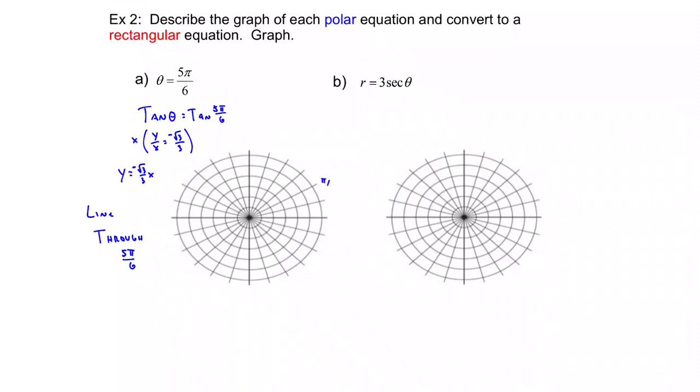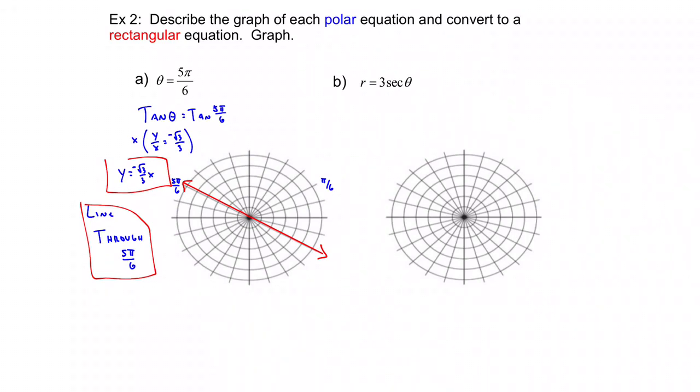Remember, here's pi over 6, so this would be 5 pi over 6, so we're just going to draw a line going through that angle. And so here's our equation in rectangular form. Here is the description, and then once again the line going through 5 pi over 6.